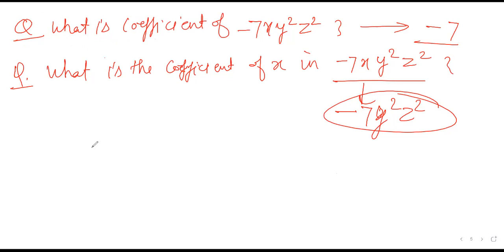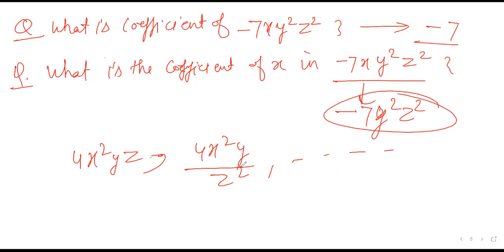What are polynomials and why do we need to study these things? In algebraic expressions you have seen 4x square yz, 4x square y upon z square, where the variable will be in the denominator, or you will write 4x square y minus 2z.